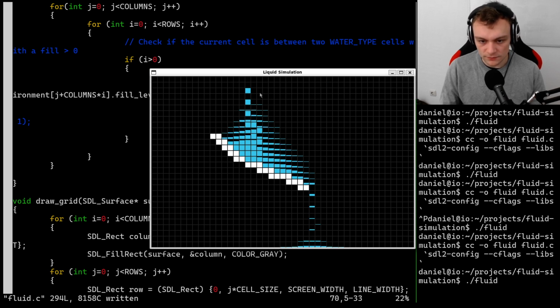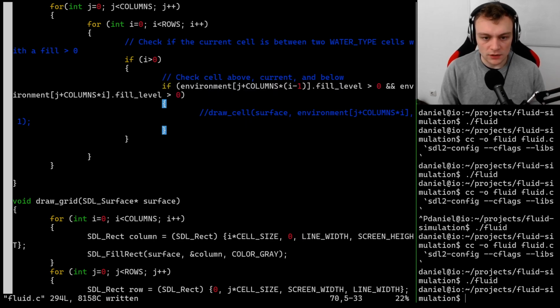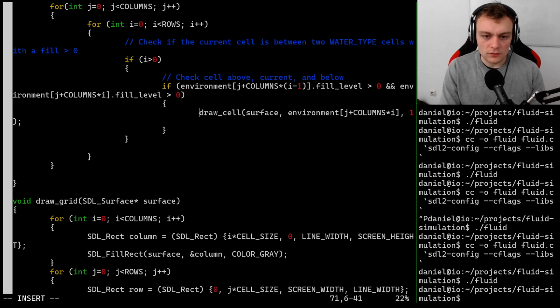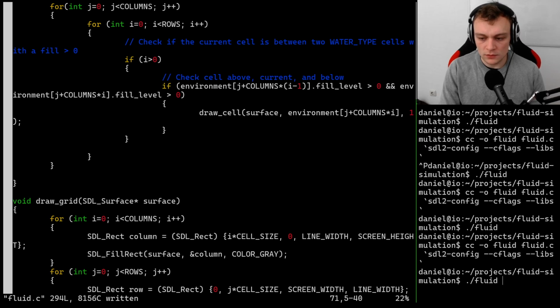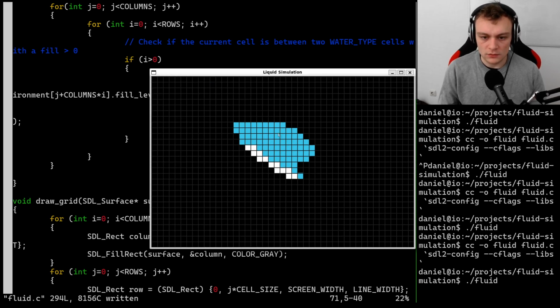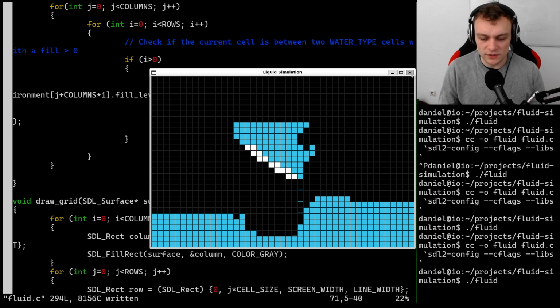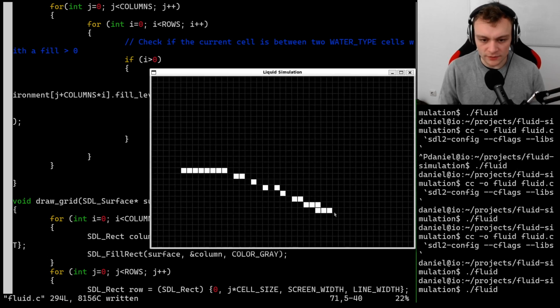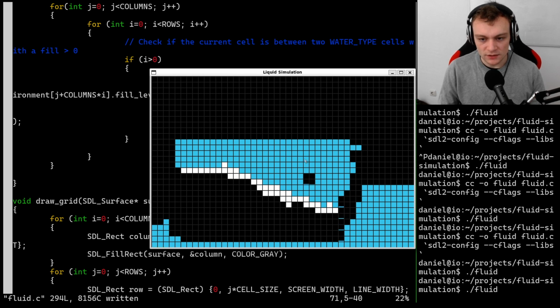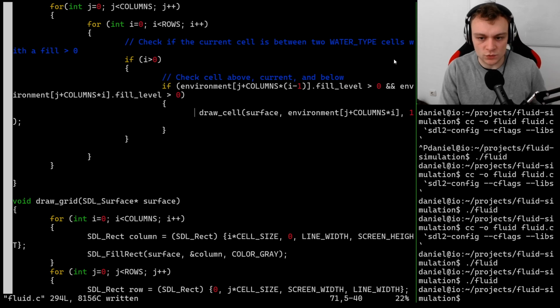Yeah, that looks good. This looks very good. But since we have a seemingly arbitrary border here, it looks like rows and columns are somehow swapped. So here we're telling the draw cell function to draw the cell at j plus columns multiplied by i.